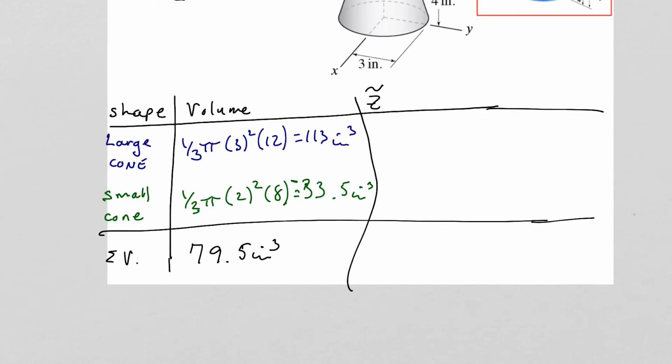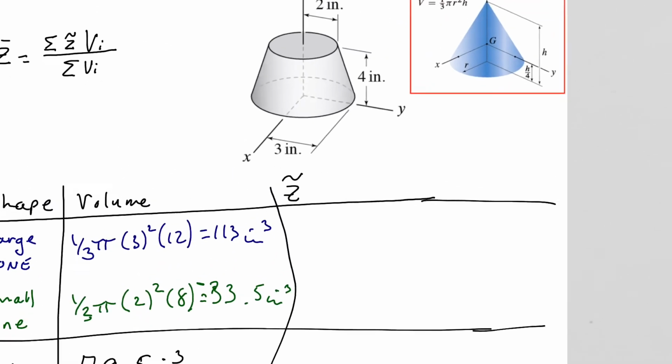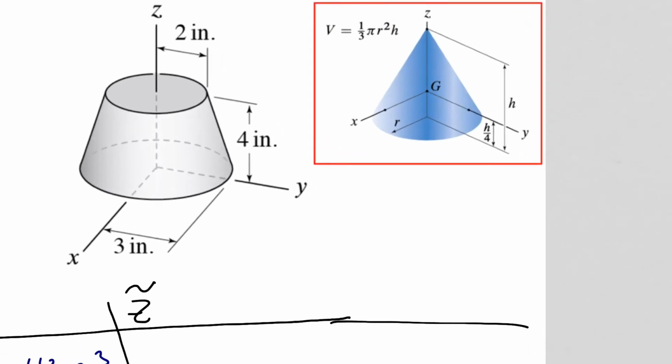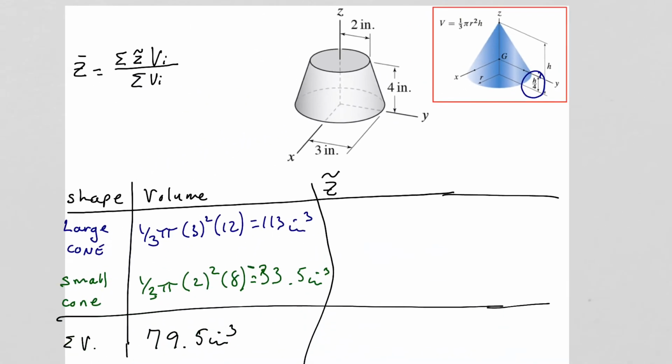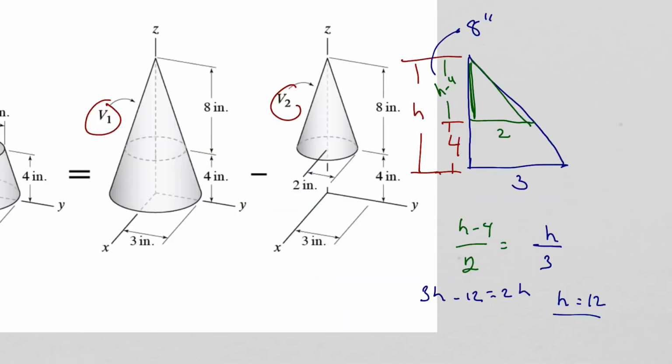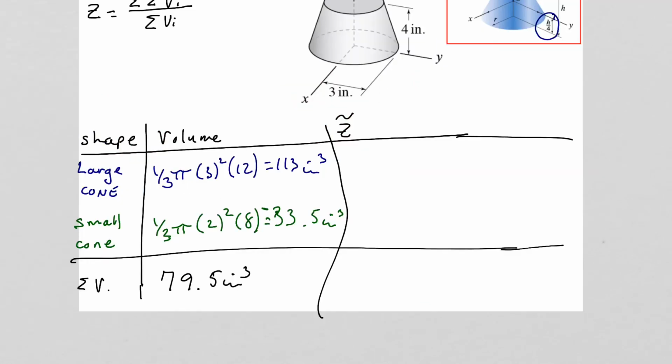The next step is to find our z tilde. So this, if we look at it, is the distance to the centroid. So this is 4 over h. If we look at our large cone, which we had before, we are looking for the 1/4 h of the large cone to this xy plane. So this distance down to here. That is our z tilde, and that is defined again by h over 4.